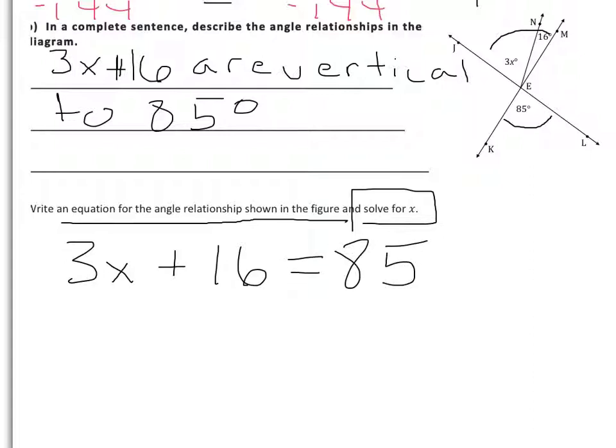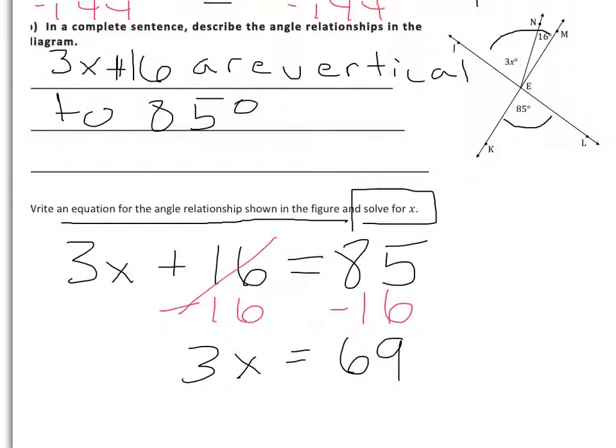And I know I keep on saying it, but we're just going to do what we've been doing for months. Take away 16, take away 16. Now we're left with 3x's is equal to 69.